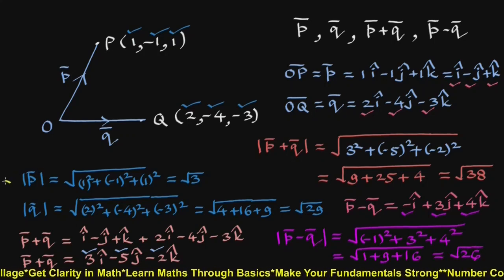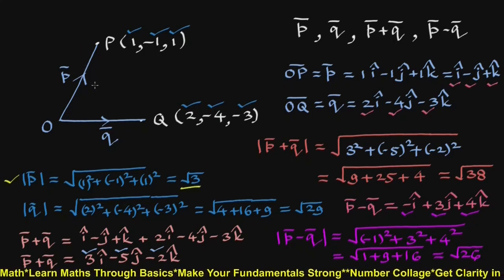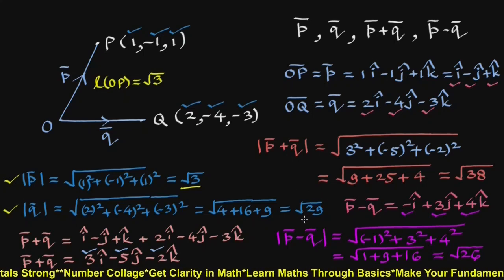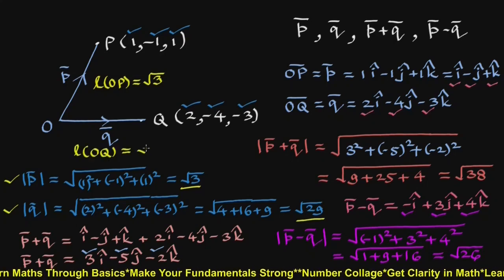Now magnitude of p bar is root 3, means length OP is root 3, and mod q bar is root 29, means length OQ is root 29.